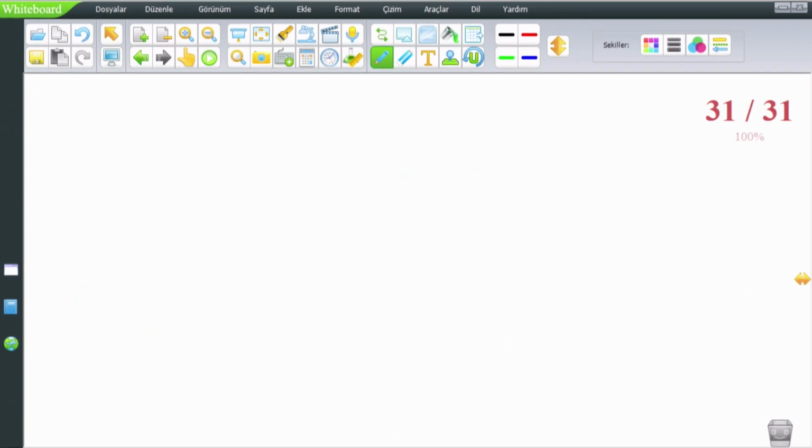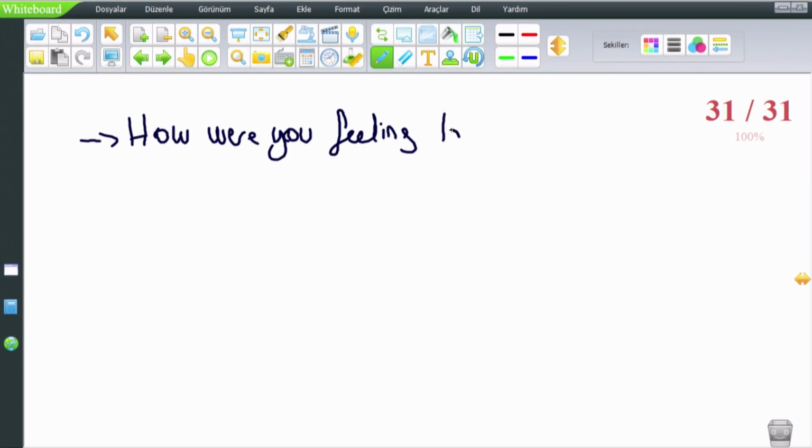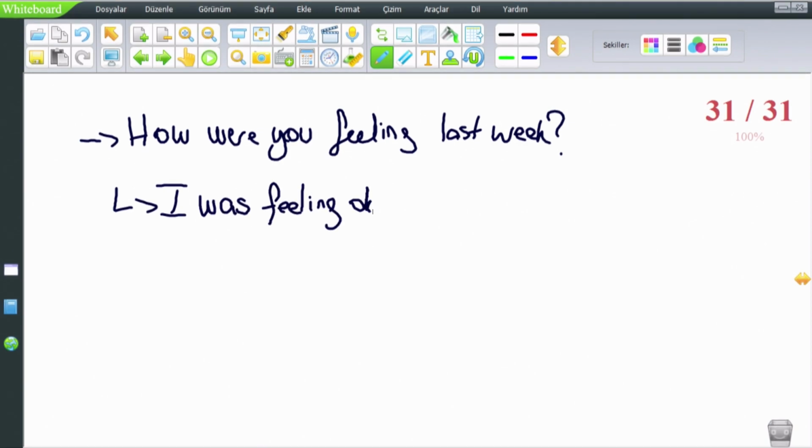Let's give a few more examples. How were you feeling last week? This is again a specific question, so that's why we used past progressive to create this sentence. Let's say I was feeling okay.